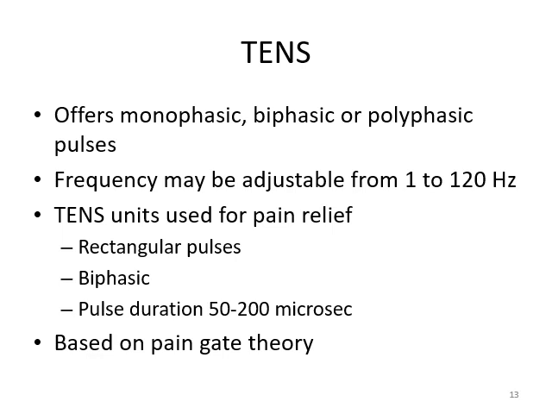The units are mainly used for relief of pain, and the shape of pulses used for this purpose are rectangular pulses, mostly biphasic pulses, and the pulse duration can also be adjusted in a range of 50 to 200 microseconds. As you can see, the duration of each pulse is very less in the microsecond ranges.